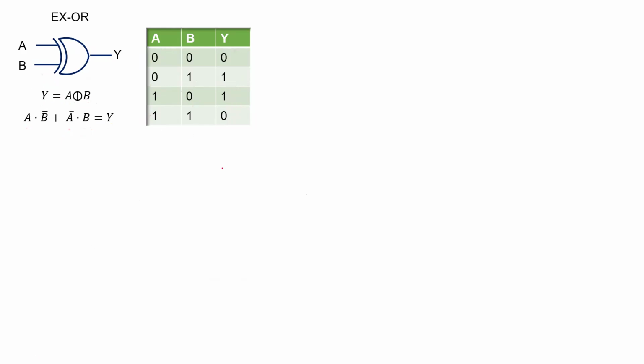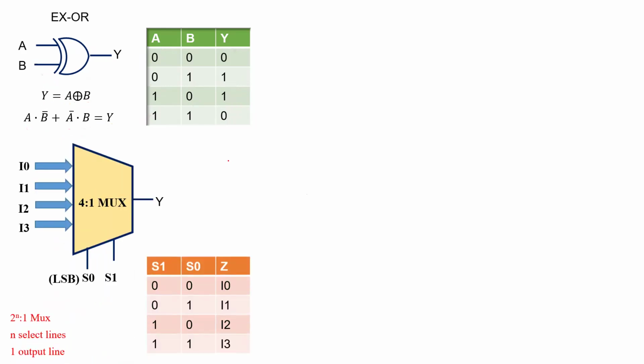So how do we do that? Again, we have to use a 4 is to 1 MUX. So you can now clearly understand, in very simplified form, these are the values of all the four inputs that one needs to set. This becomes I0, this is I1, this is I2, and this is I3. So here we see that the value of I0 is 0, I1 is 1, I2 is 1, and I3 is 0.